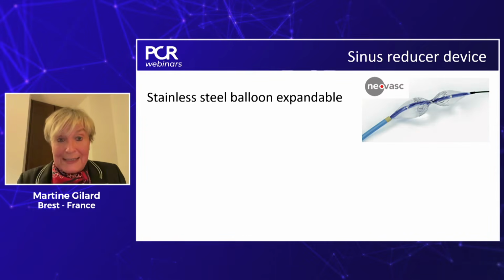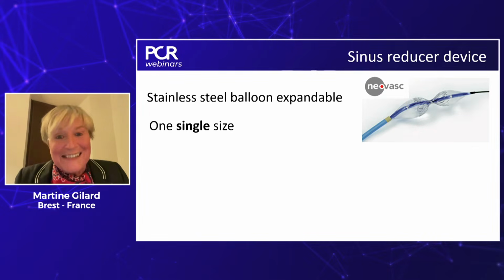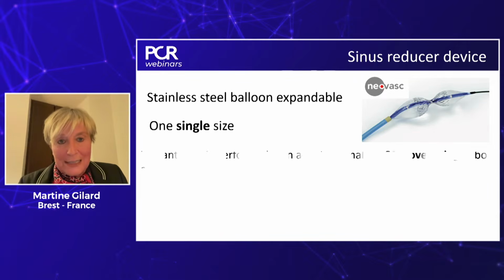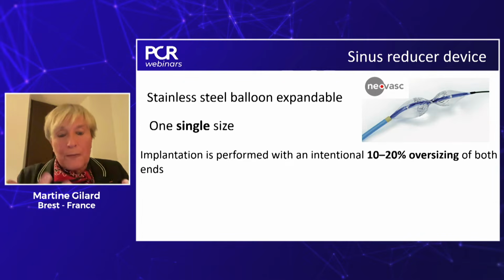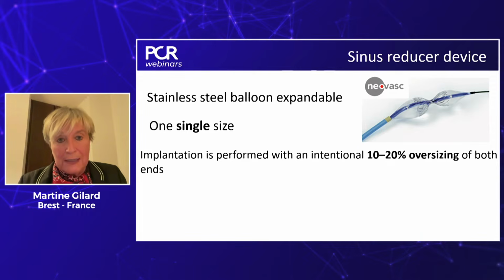How do we do that? It is a stainless steel balloon-expandable device, a normal stent, only a single size. You have to size it when you implant it in the coronary sinus.